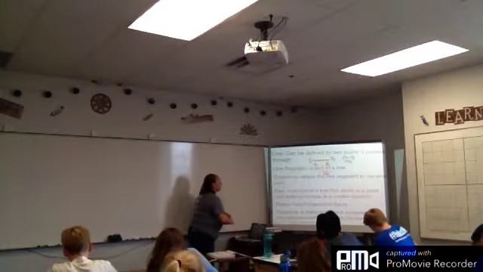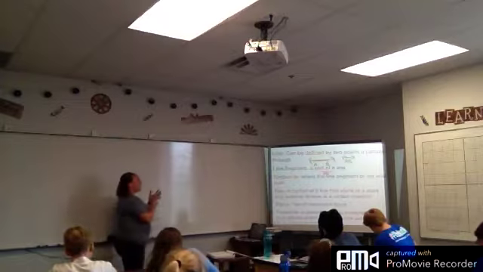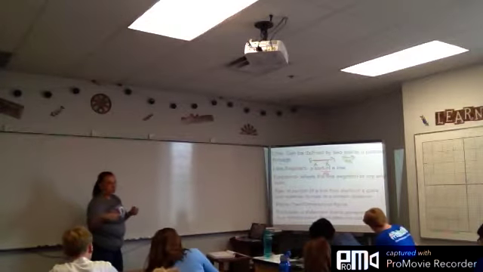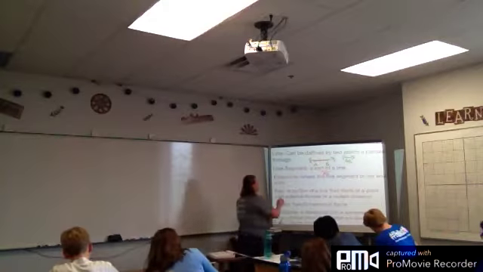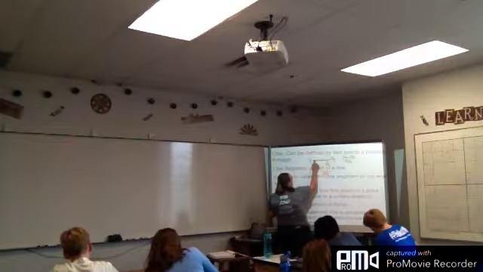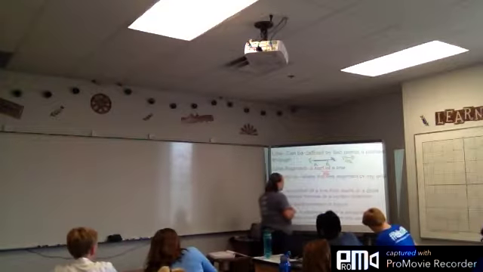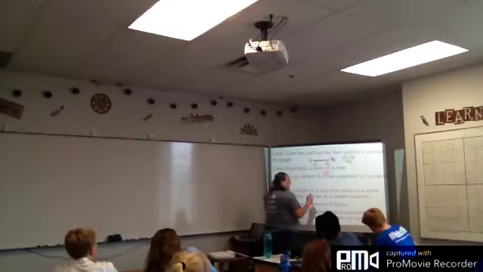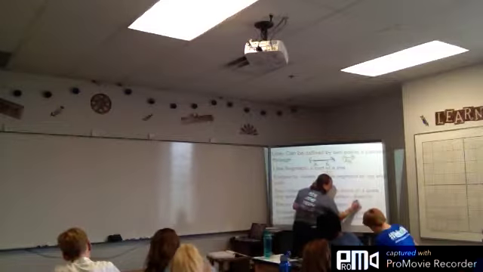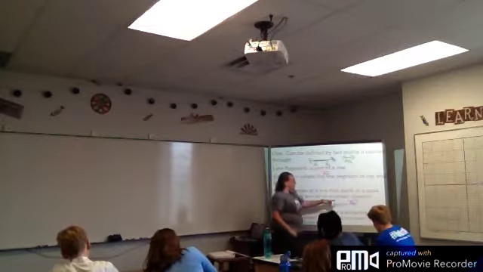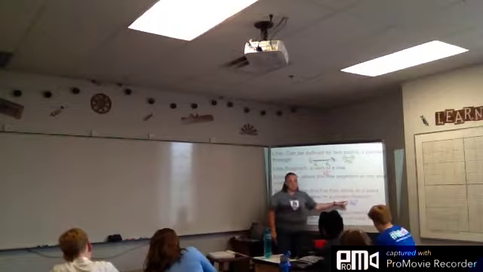A ray is a portion of a line that starts at a point and extends forever in one direction. So here, in this that we used up here, I have ray AB right here, okay? A ray does just that. If I want to name it, the one side doesn't have a point, the other side has an arrow.